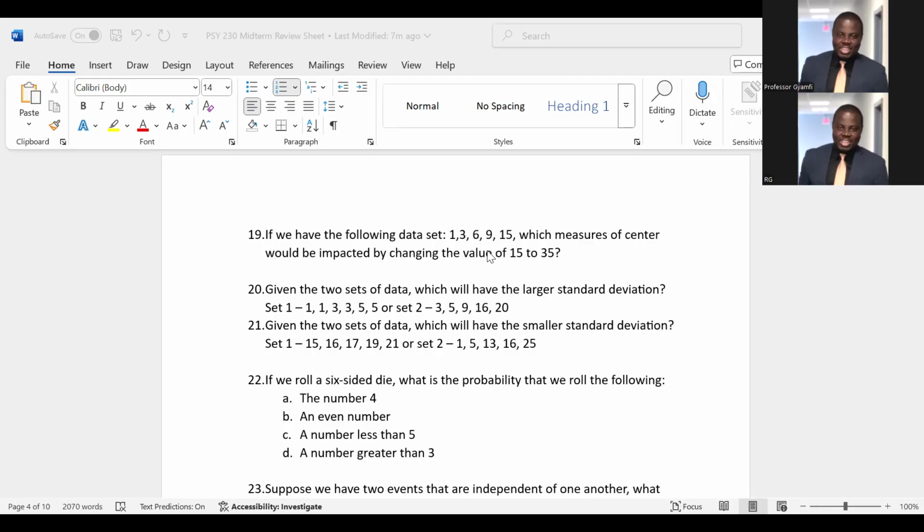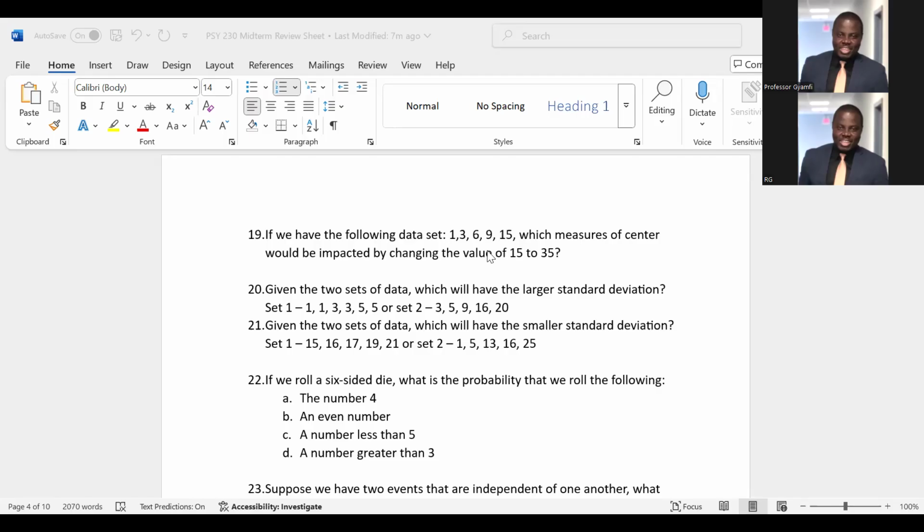So if one of the numbers changes, like in this problem, 15 changes to 35, it increased. So that tells us that the mean is also going to increase. So the mean is going to be impacted by the change, but the mode and the median are going to be the same. Now let's go to number 20.